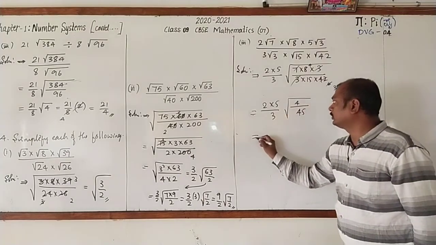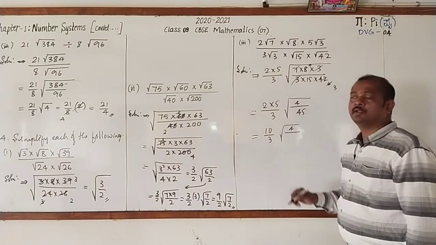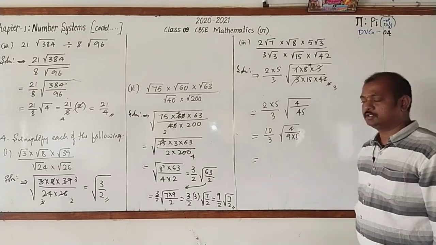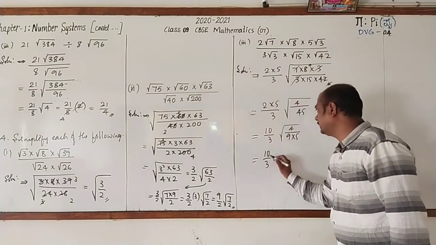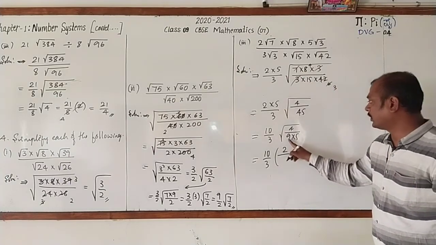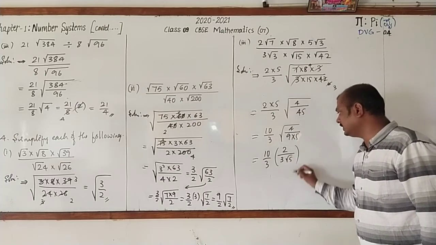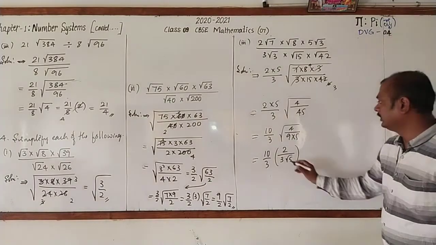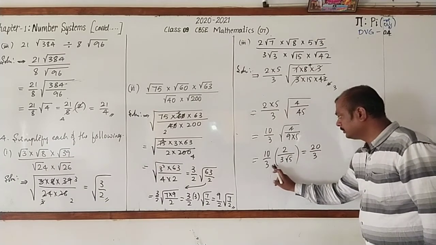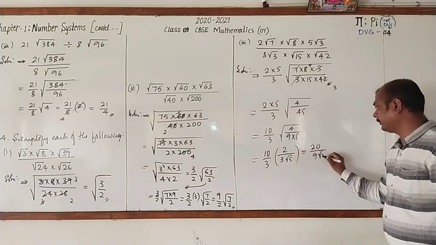And this is equal to 2 5s are 10 by 3, root 4 divided by 45, which can be written as 9 5s are 45. Right? It is equal to 10 by 3, square root of 4 is 2, by square root of 9 is 3, and root 5 as it is. Clear? It is equal to, now 10 2s are 20 by, multiply 3 3s are 9, root 5.